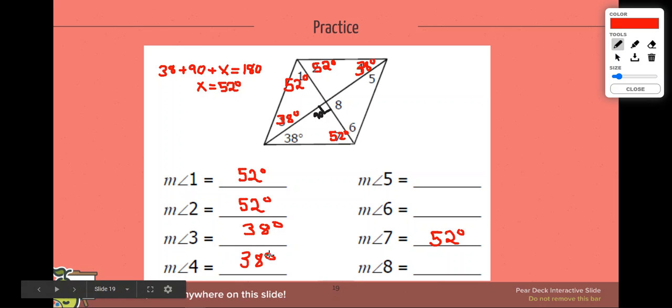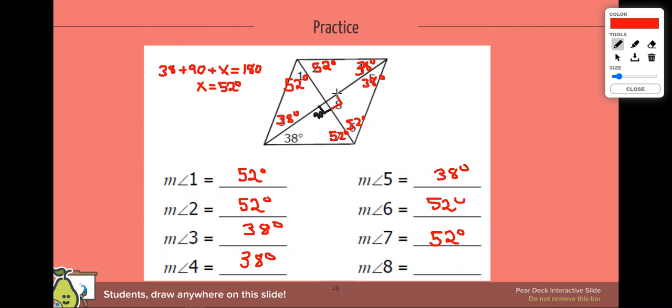Then from there we know that angle 5 has to be 38 degrees because of angle bisectors. Angle 6, 52 degrees. And angle 8 is an interior angle formed by the diagonals, which are perpendicular, so 90 degrees.